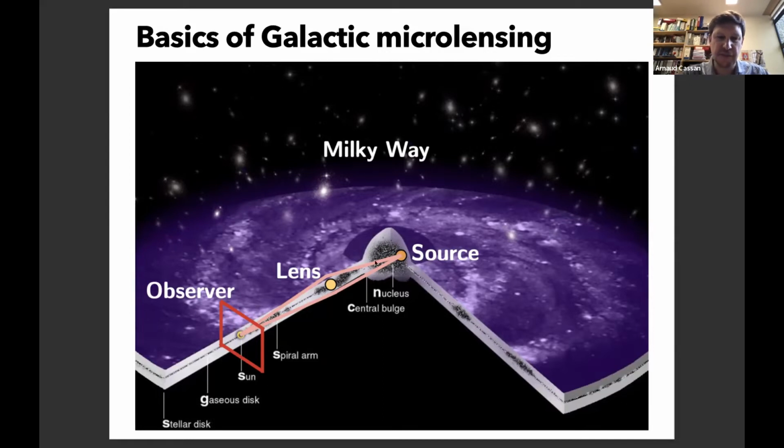And during this phenomenon, of course, the light is bent by the lens, and what we receive is a flux which is modified by the presence of the lens. So basically, what we usually observe is a magnification effect, which means we receive more flux from the source than we would receive without the lens. This is what we usually do when we do photometrical monitoring of microlensing events.